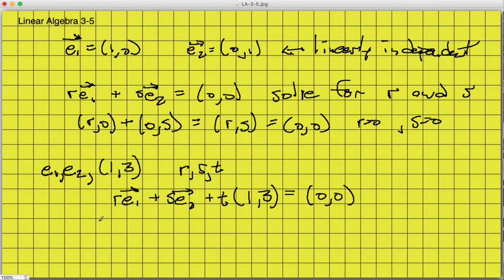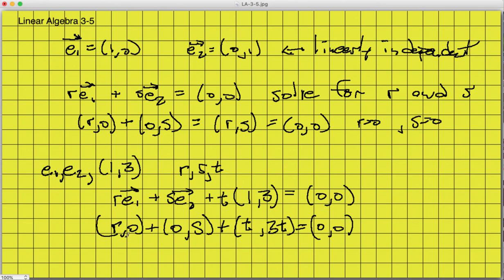Let's see if we can solve it. This is going to be (r, 0), and this is going to be (0, s), and this is going to be (t, 3t), equal to (0, 0).